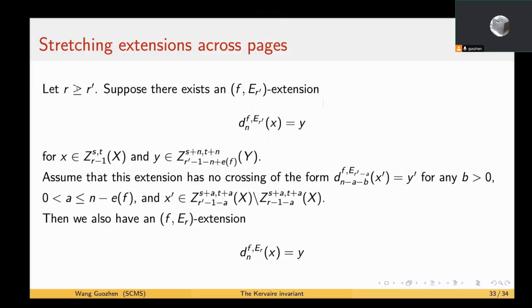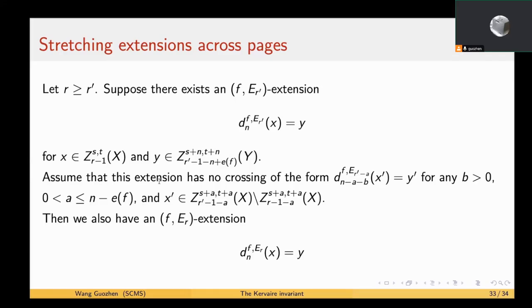Suppose r is greater than or equal to r'. Suppose there is an F extension on E_r', like d_n f E_r' x equals y, for some x lying in Z_{r-1} of x, and y lying in Z_{r'-1-n+e(f)} s plus n, t plus n of y.